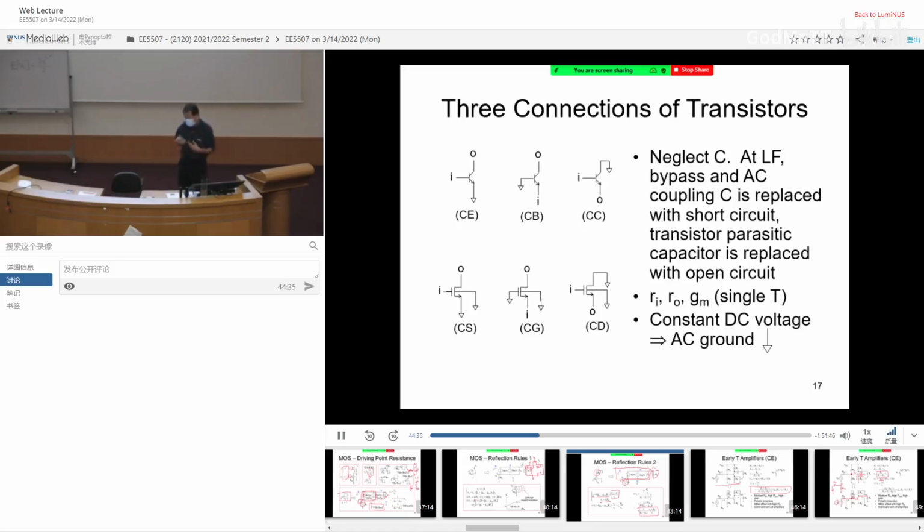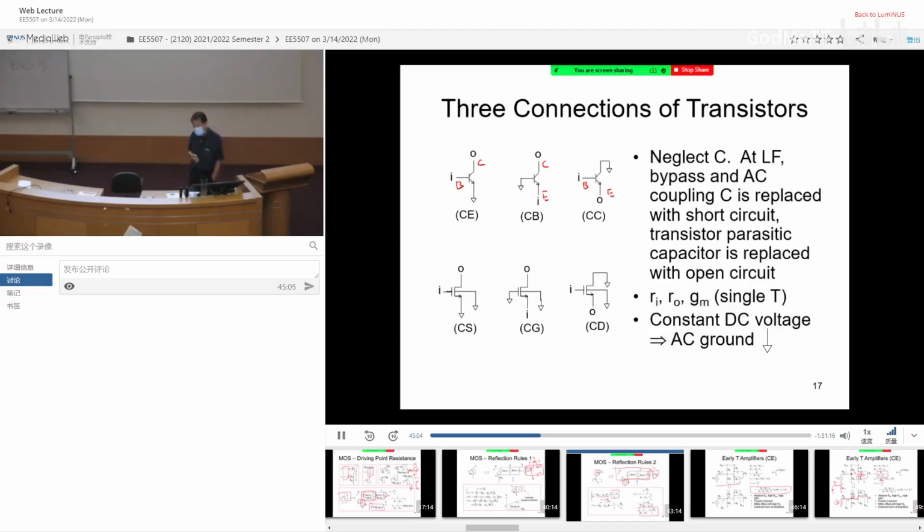Now, transistor, most of the time we try to use it as a signal processing circuit or mainly an amplifier. So in that sense, usually we would know there would be an input connection to the transistor and where the output is connected to. So for BJT, for example, there are different ways of connecting: input going into the base, output coming out from the collector; input going to the emitter, output coming out from the collector; input going into the base, output coming out from the emitter.